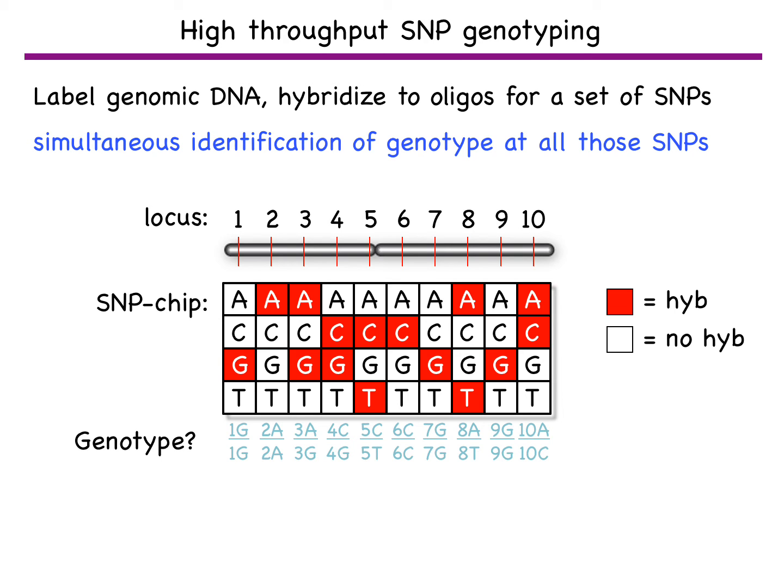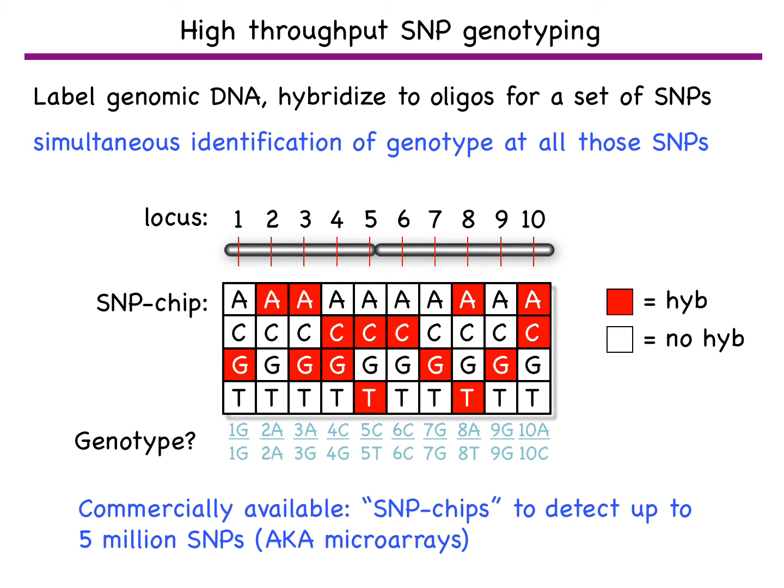So again, the advantage of this method for genotyping SNPs is that you can take a DNA sample, label it fluorescently somehow, and then hybridize it to a whole bunch of different oligonucleotides that correspond to sequences all through the genome, and you can get genotype information at many, many sites all through the genome all at one time.